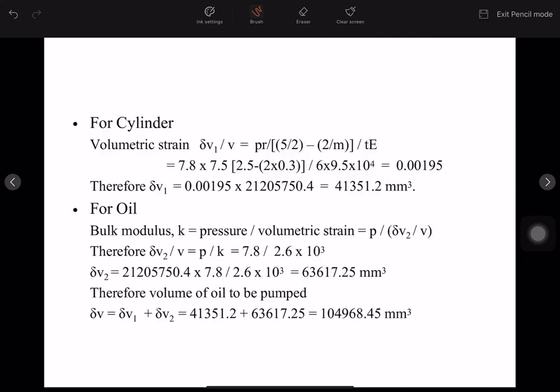So for that we need to calculate the change in volume of the cylinder, for which we need to calculate volumetric strain.